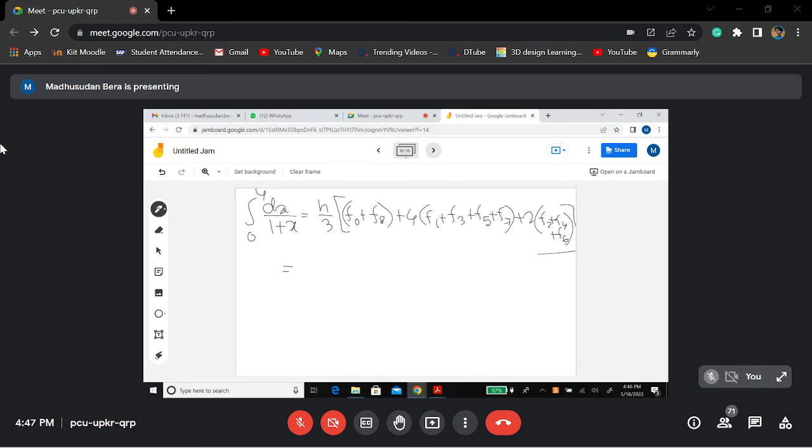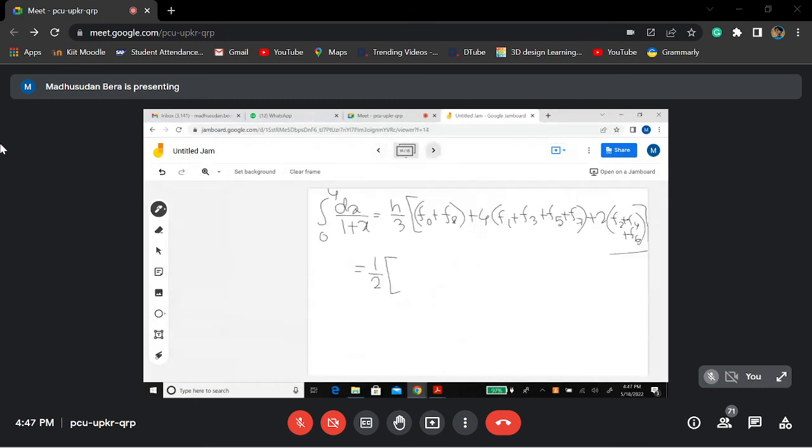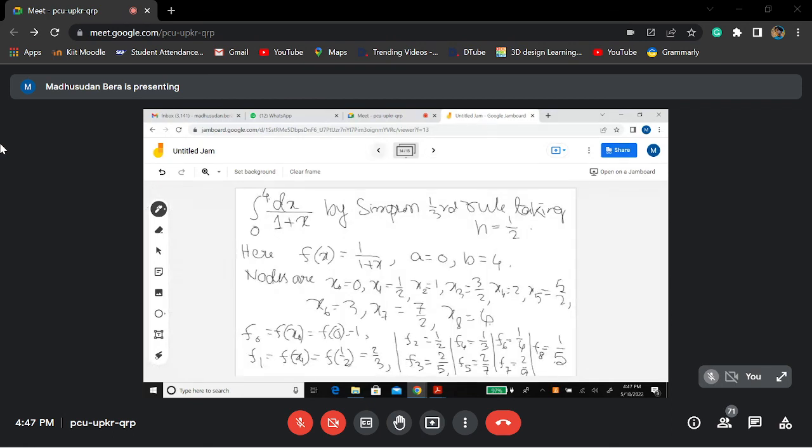H value was half, so it will be 1 by 6. f0 plus f8, 1 plus 1 by 5. Plus 4 times f1, f3, f5, f7, which are 2 by 3, 2 by 5, 2 by 7, 2 by 9.